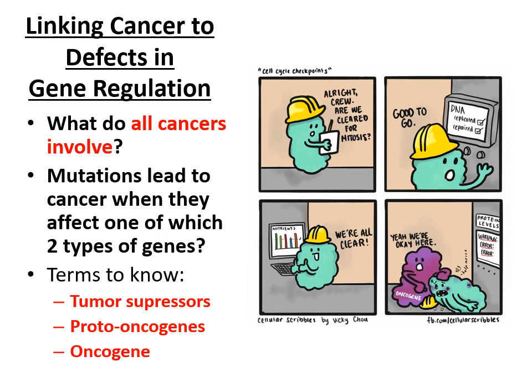And then the last term that you see here, oncogenes, that's once a mutation has converted that first cancer gene, that proto-oncogene, into an oncogene, which is the full-blown mutant allele promoting cancer development, promoting this uncontrolled cell growth.